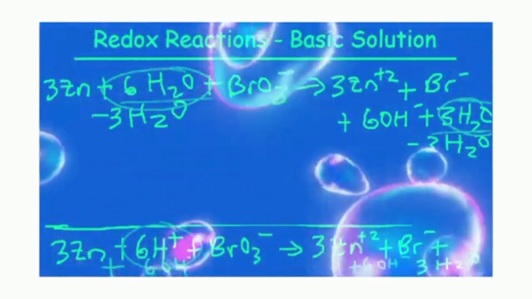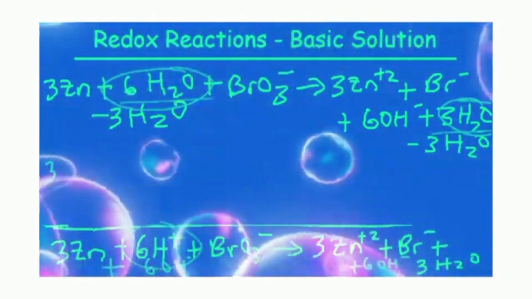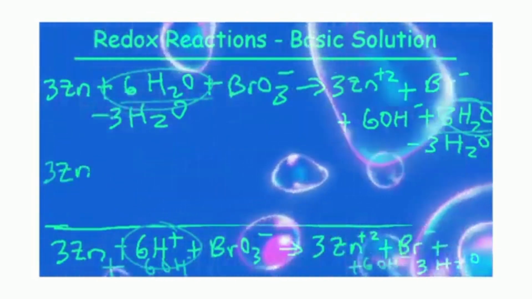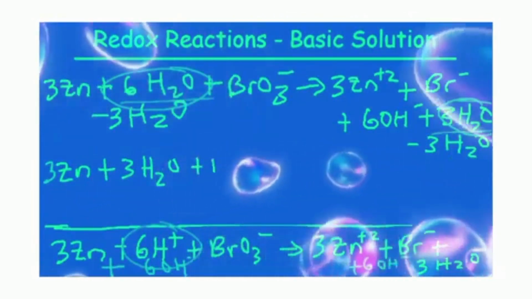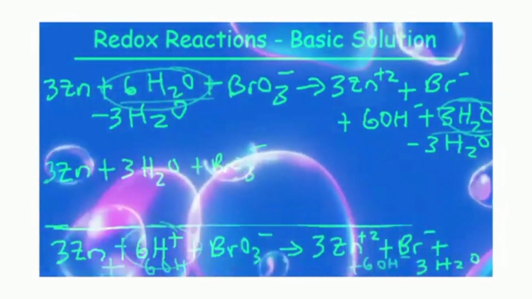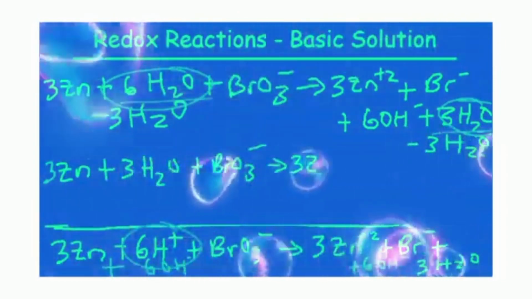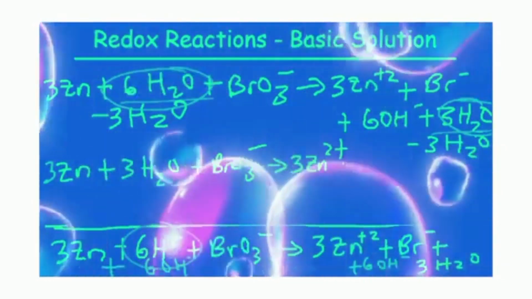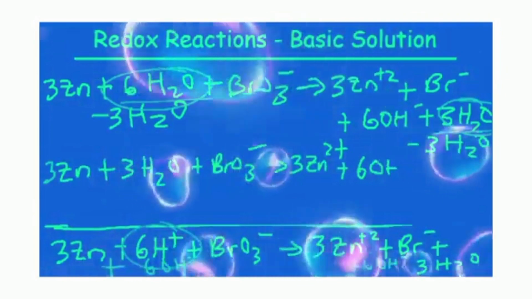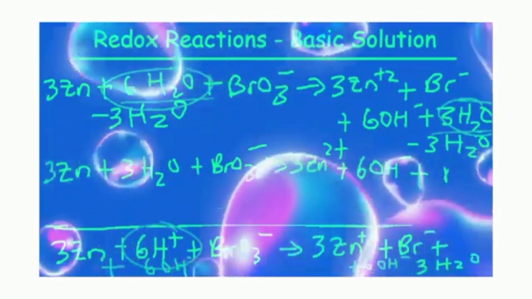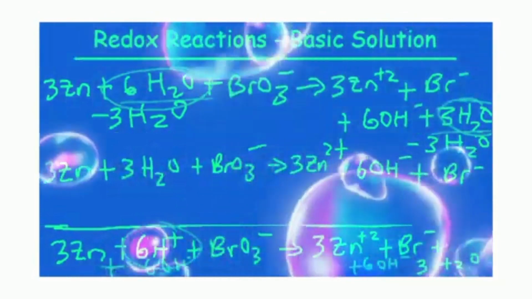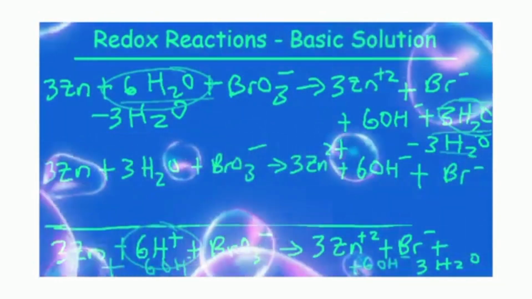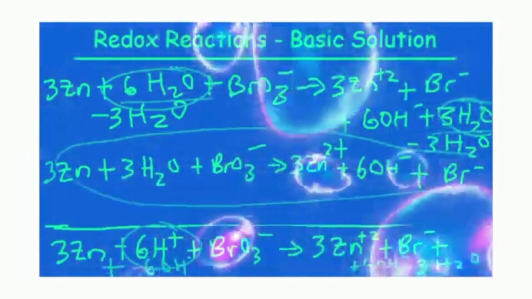So now we have our final answer, which is 3Zn plus 3H2O plus BrO3 minus yields 3 Zn2 plus cations plus 6 hydroxide ions plus Br minus. So that's how you can balance a reaction under basic conditions.